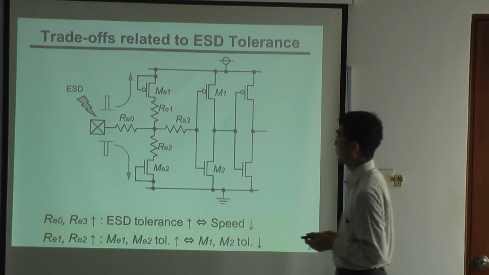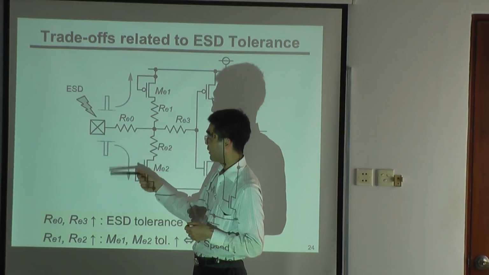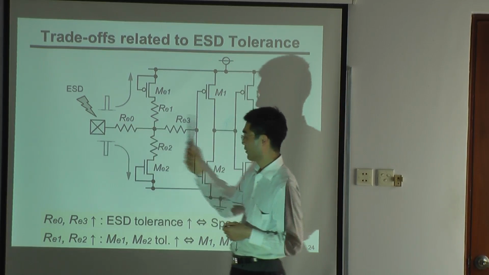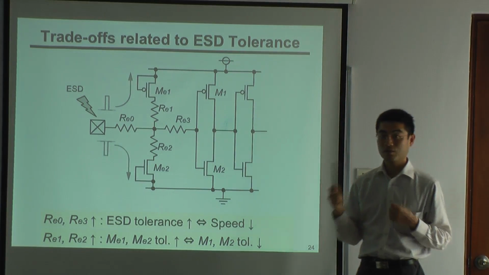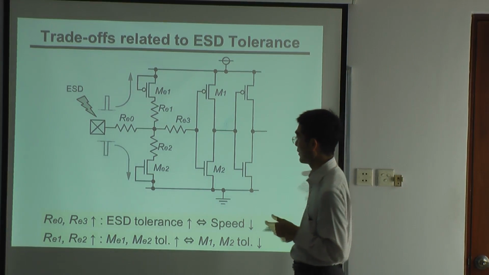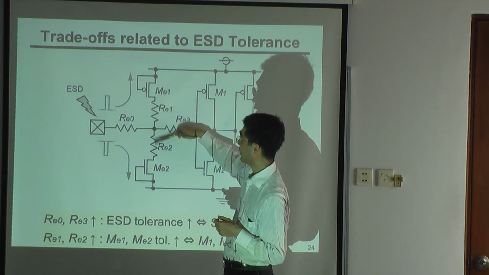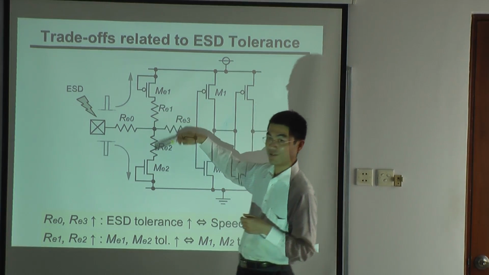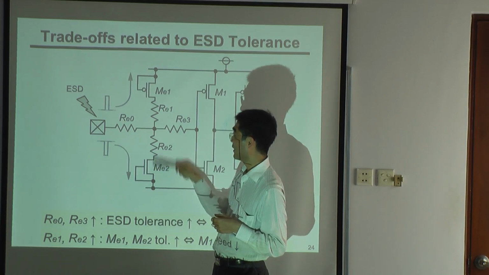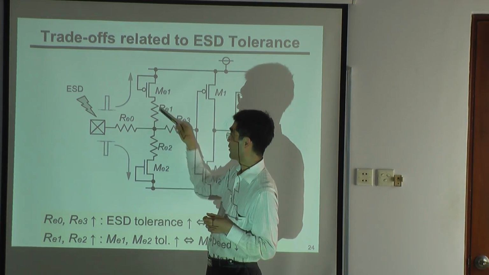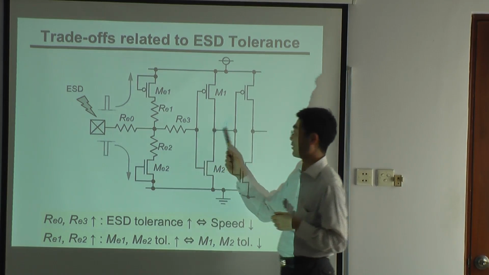So we have a trade-off related to ESD. Once we have a larger resistance, we have high ESD tolerance but lower speed. And these resistors, when we have a larger resistance here, it will protect these diodes, but larger resistance will slow down the input signal into the internal circuit.